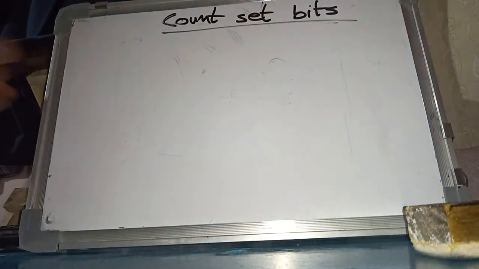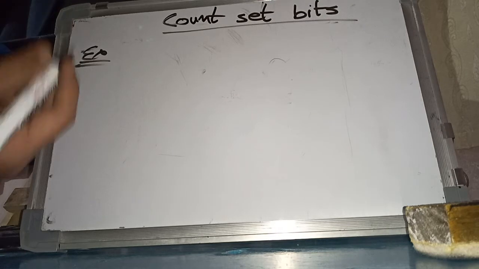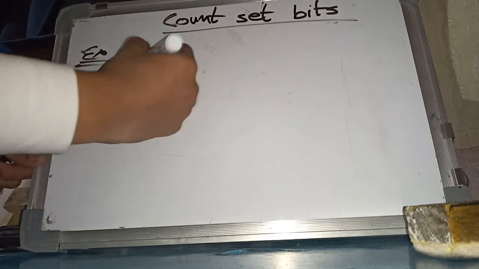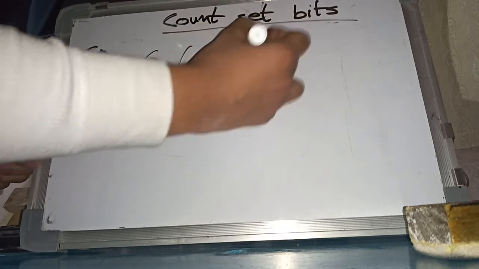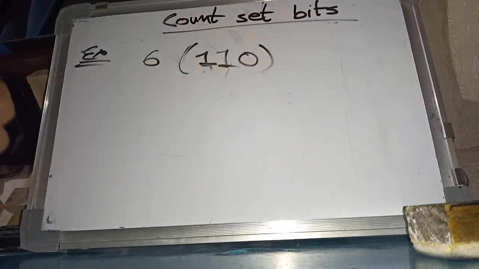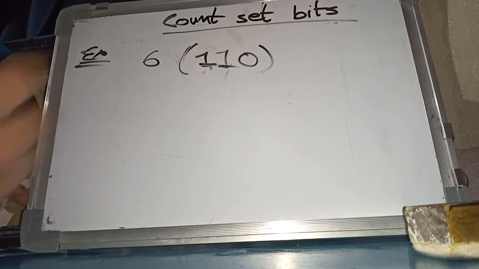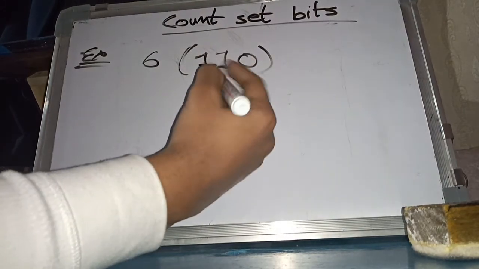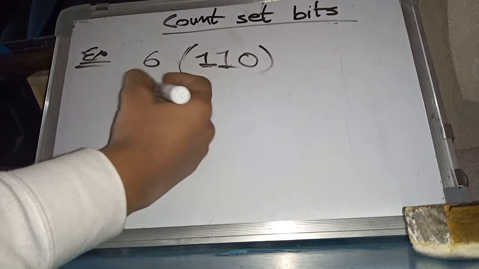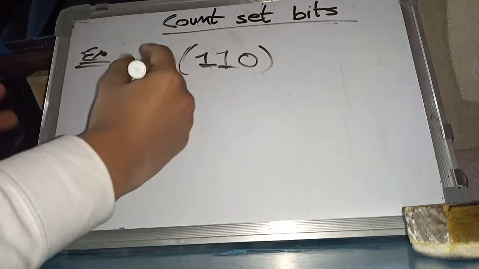For example, the given input number is 6. What I can do is write n minus 1 of this, that is 5, 101.